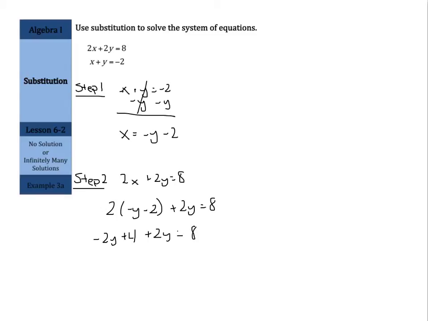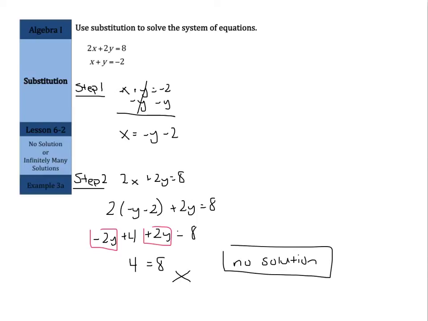And as we look to combine like terms here, we have our negative 2y and our plus 2y. Well, those just go away. Negative 2 plus 2 is 0. So we're left with 4 equals 8. Well, 4 doesn't equal 8. That's not true. So that means there's actually no solution to this system of equations. No solution.